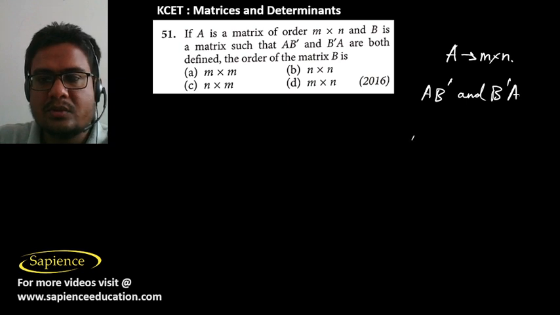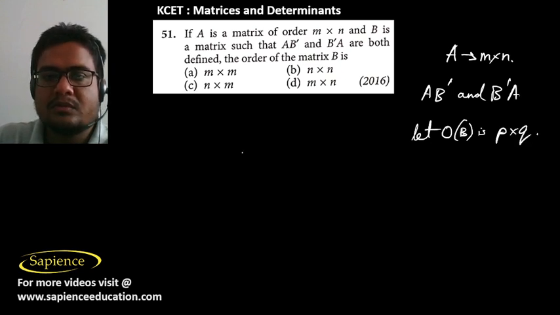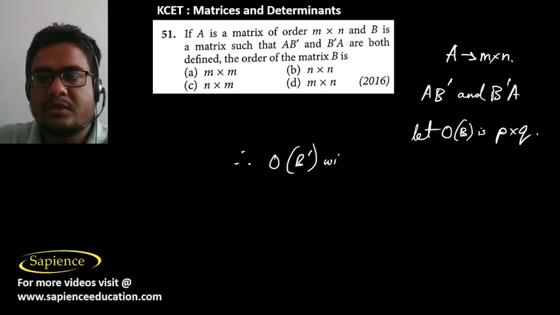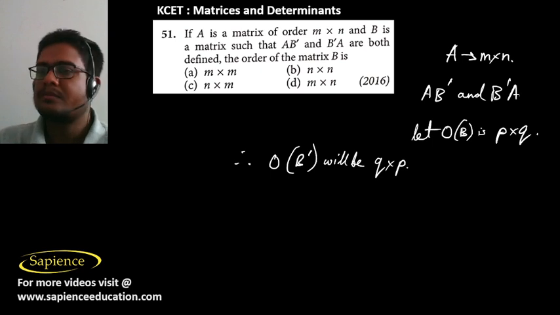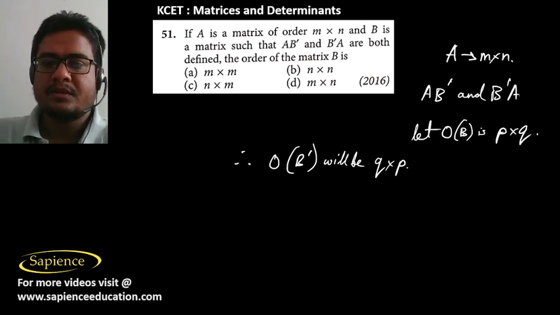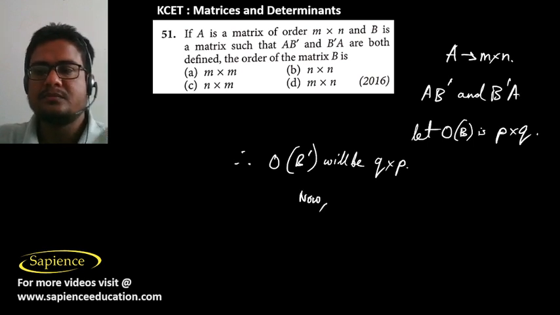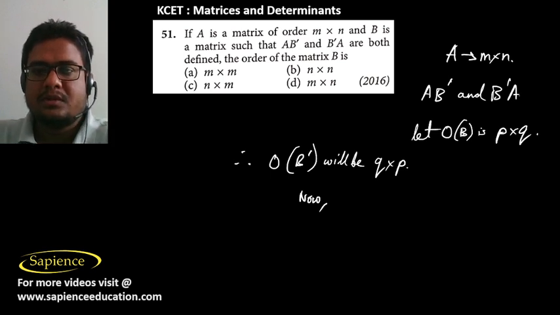So let the order of the matrix B be P cross Q. Now the order of the matrix B transpose will be Q cross P.